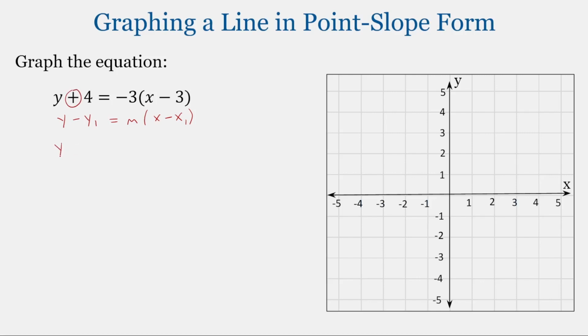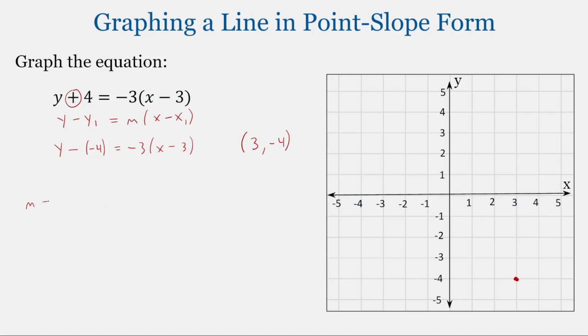So we now have y minus a negative 4 equal negative 3 times the quantity x minus 3. This means our point that we'll start with is 3, negative 4. So starting at the origin, we'll move to 3 along the x-axis, and then down to negative 4 for our y-coordinate.